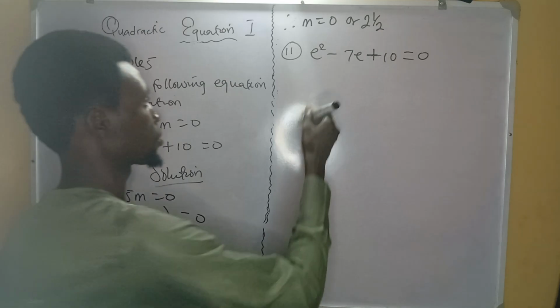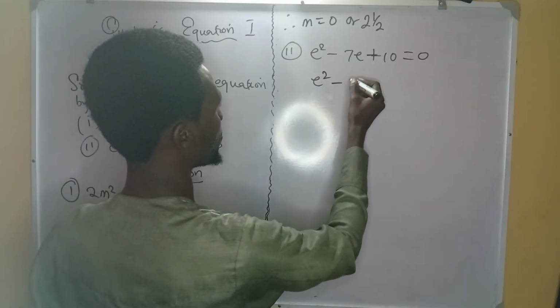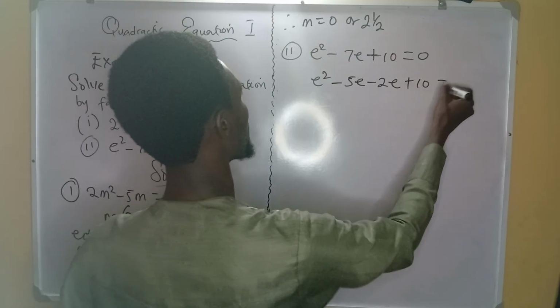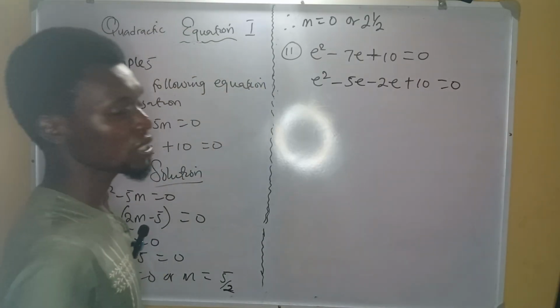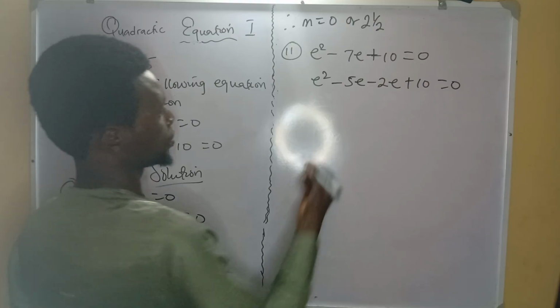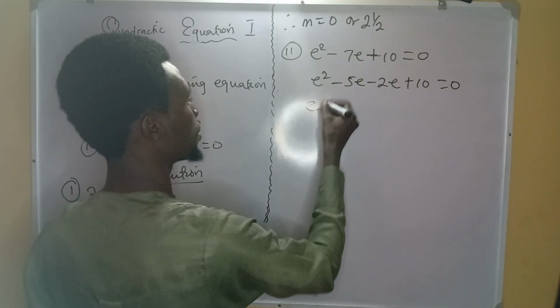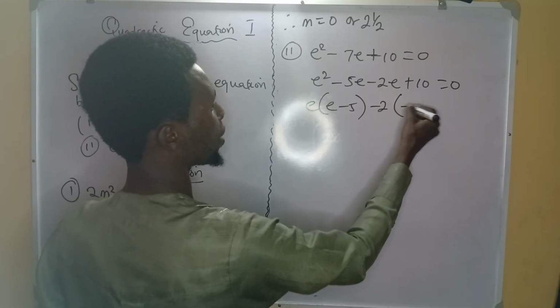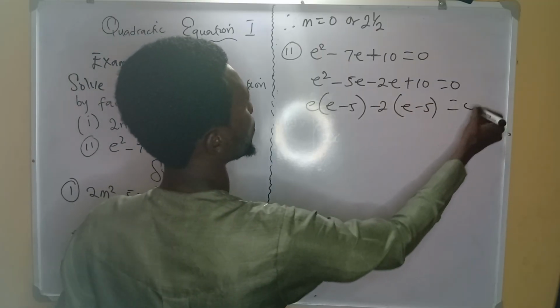So what are you going to do? You just substitute here: e squared minus 5e minus 2e plus 10 equals 0. Simple as that. What is common here is e, and then you have e minus 5, and then here minus 2 is common, and you have e minus 5 equals 0.